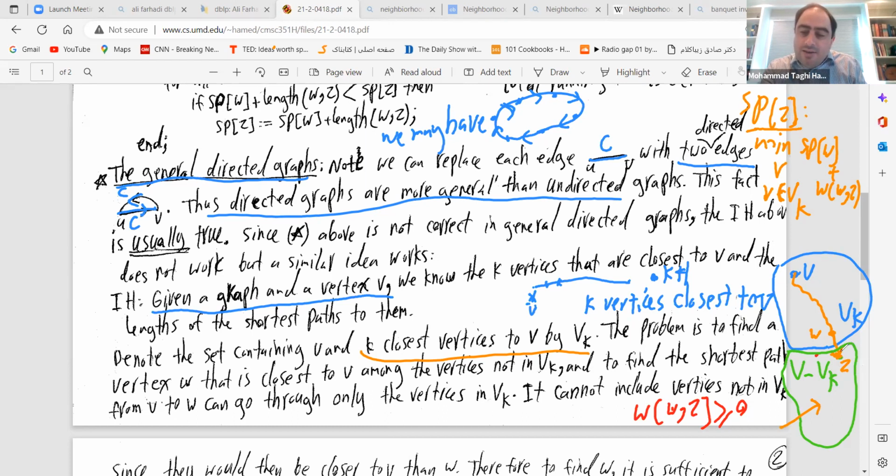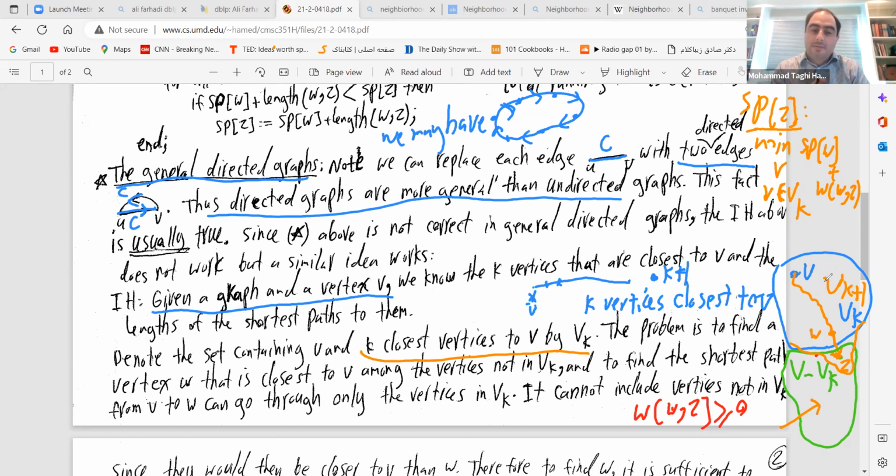That minimum guy, as we argued, should be the k plus first vertex, which is closest to V. So again, we compute this quantity for each Z, and among all of these vertices in V minus Vk, the one that has the minimum SP is the next vertex that we will consider. We will add this guy to the set, and that becomes V of k plus 1.